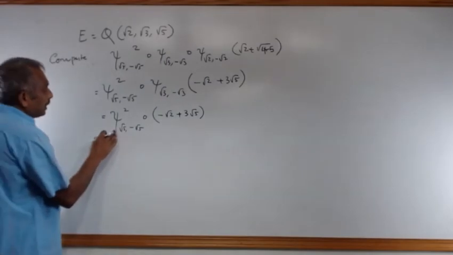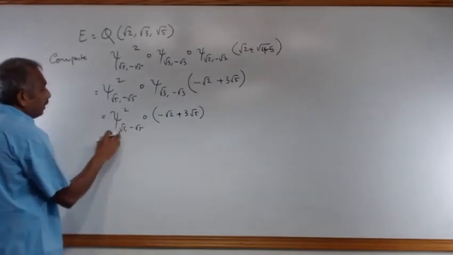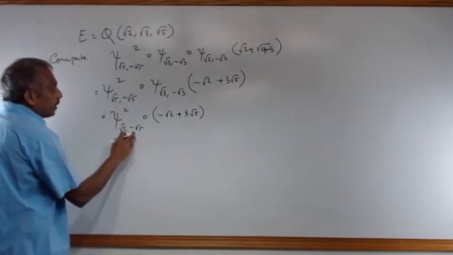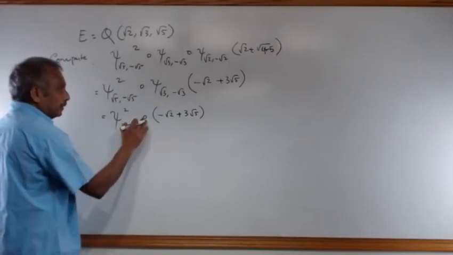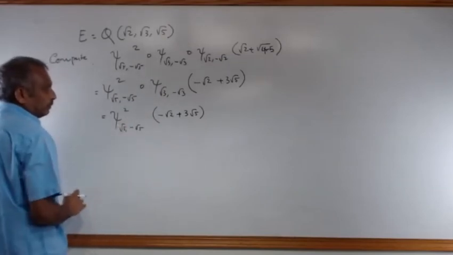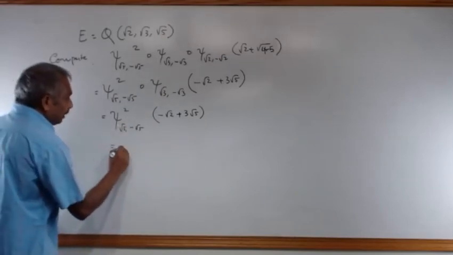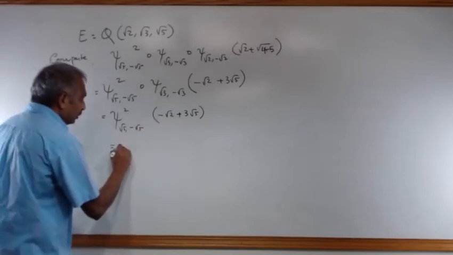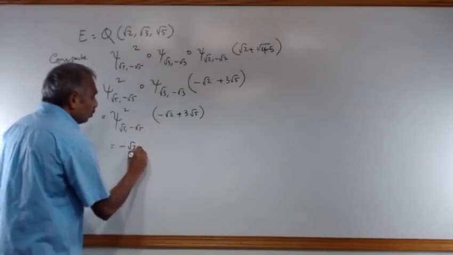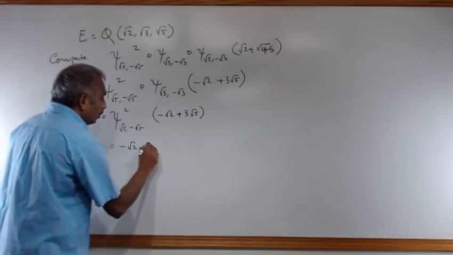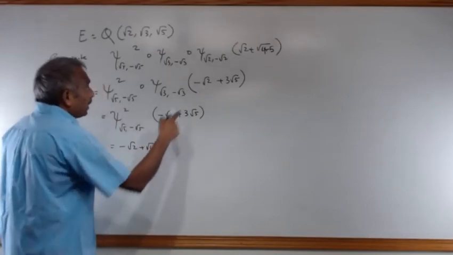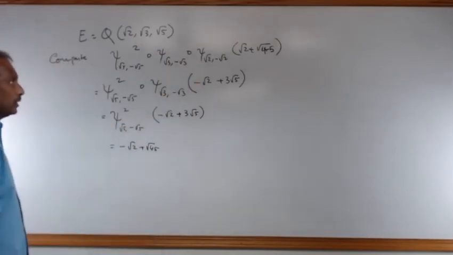But you know that the order of psi of root 5, minus root 5 is 2, so its square is identity. So we don't need to even compute. So this is going to be minus root 2 plus root 45. I'm going to write it back to the same format.